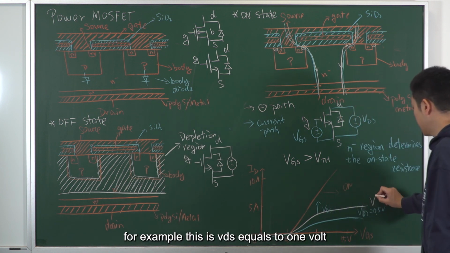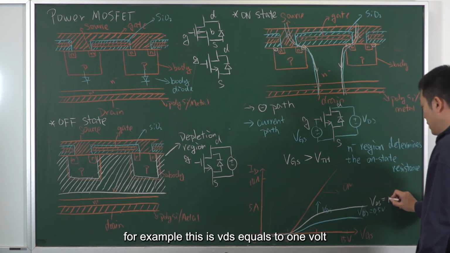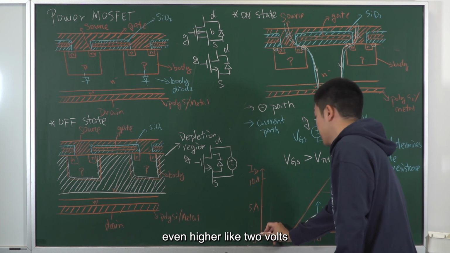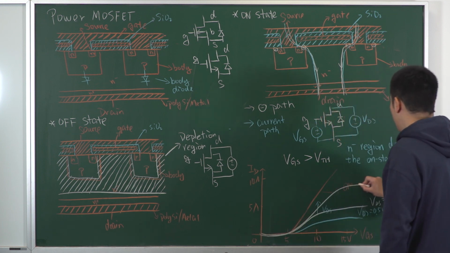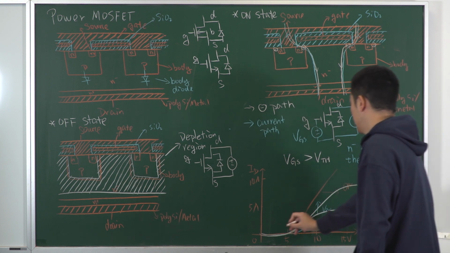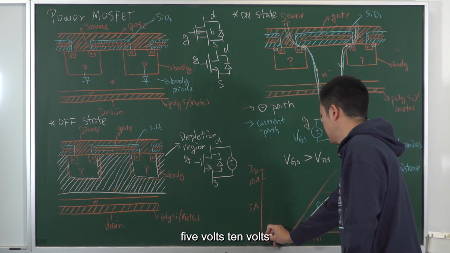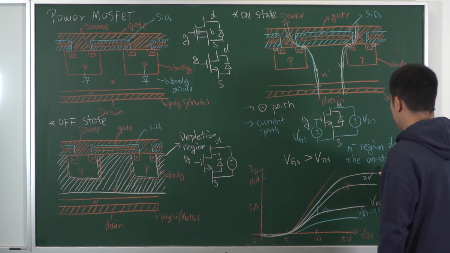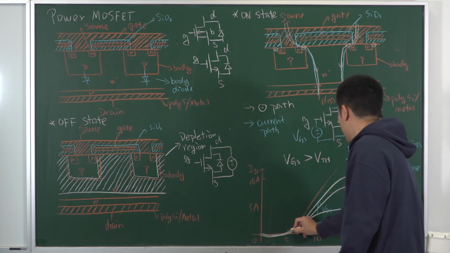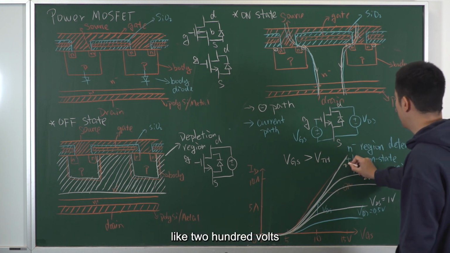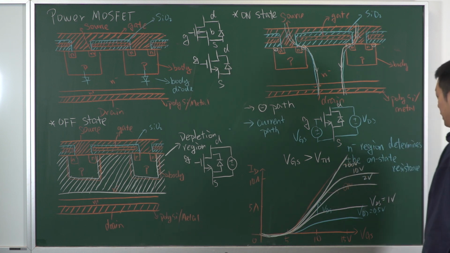For example, this is VDS equals to 1 volt, even higher, like 2 volts, 5 volts, 10 volts, like 200 volts. Okay.